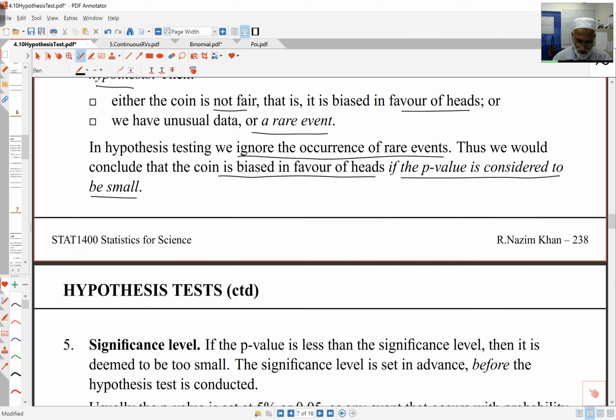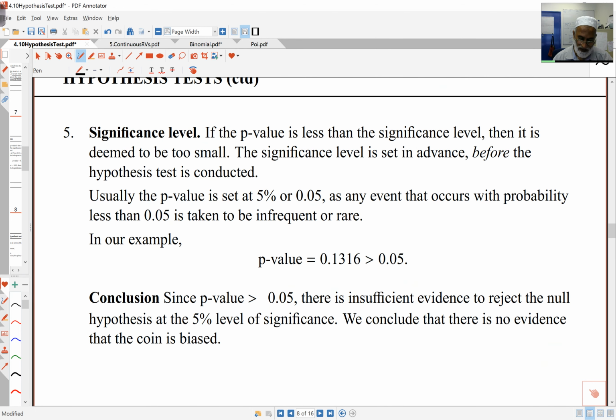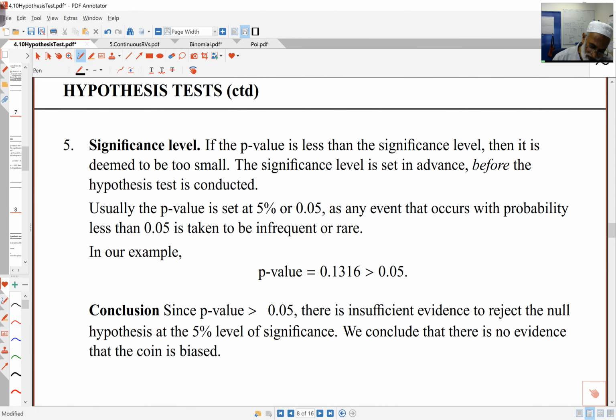The question is, what is small? And so here we get this idea of a significance level. So we determine a significance level in advance, which essentially says that if the p-value is bigger than the significance level, there's no problem. So small or large is in relation to the significance level. Usually 5%, or 0.05, is set as the benchmark.